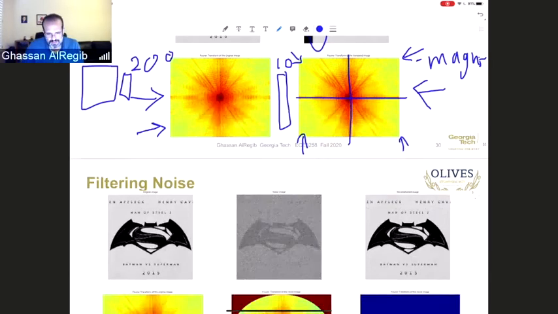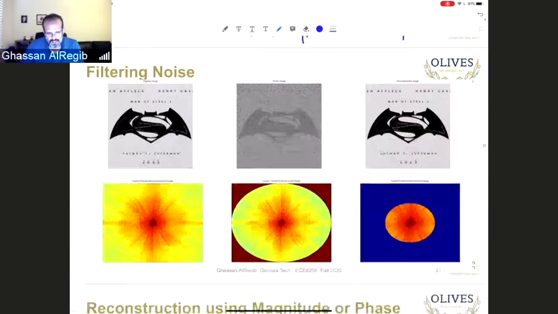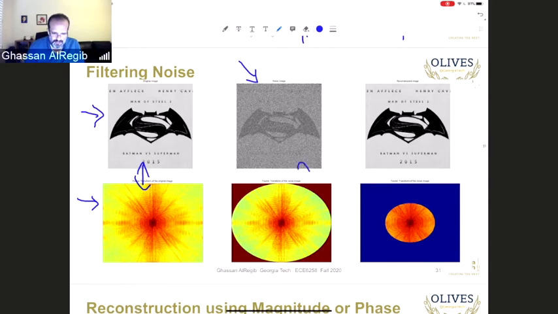Here is another example of some filtering. This is the original image. This is the image after we add some random noise to it. Here is the Fourier transform, the plot of the amplitude of the DFT only of this image. Here we apply a low pass filter, meaning I take the DFT of this image and then apply this filter.